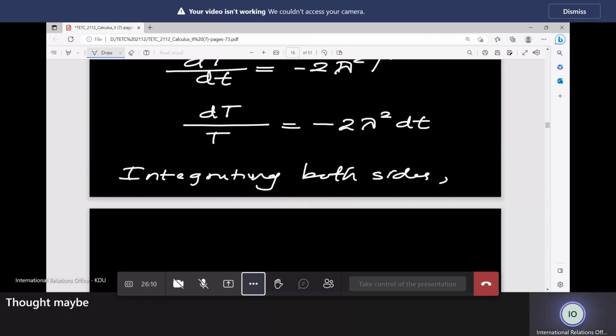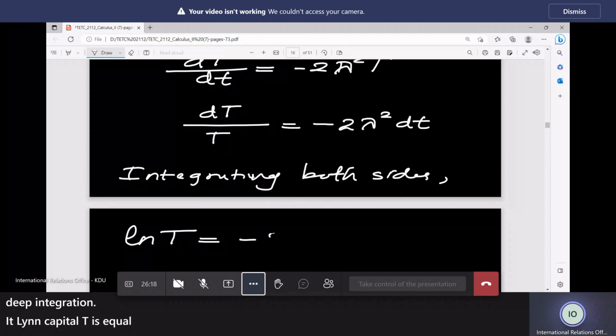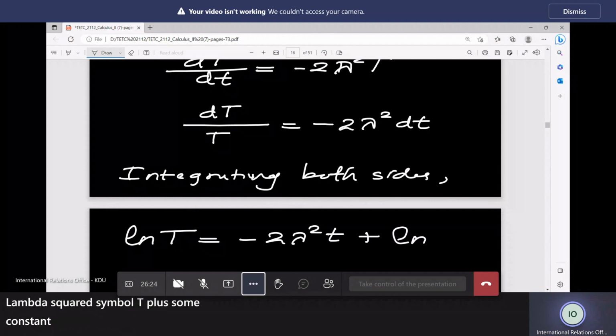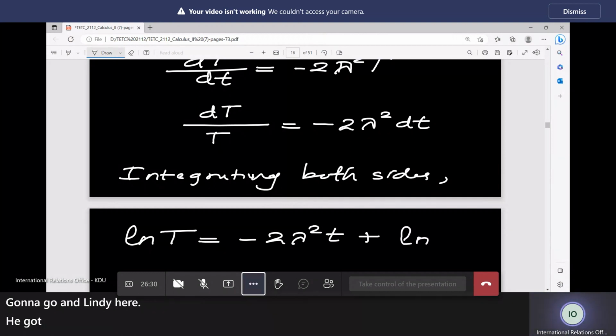What is the integration of 1 over T? ln capital T equals minus 2 lambda squared simple t plus some constant. We add the constant as ln d, since we add constants in logarithmic form. So d is a constant.